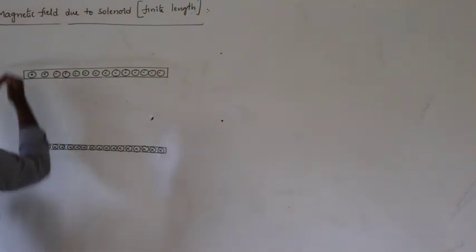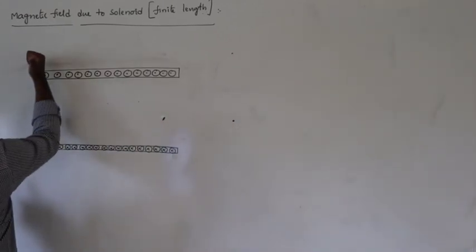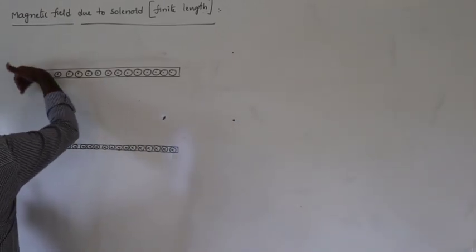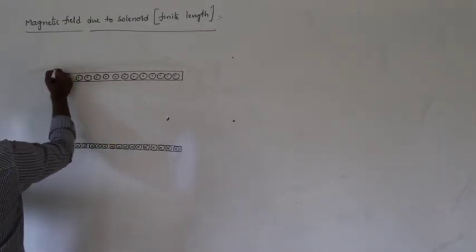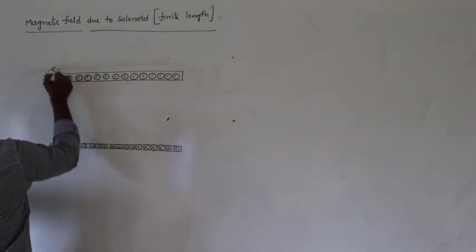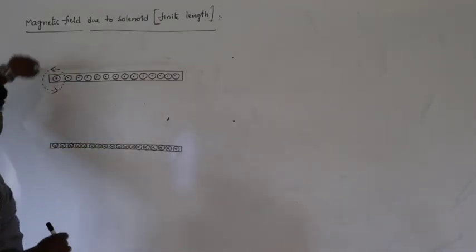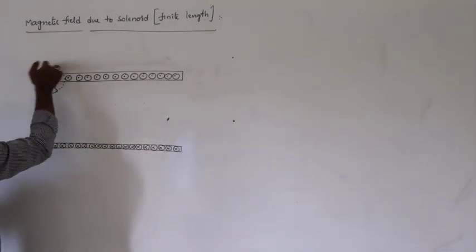What is the direction of the magnetic field according to this? The thumb indicates the direction of the current, and the curling of the fingers indicates the direction of the magnetic field. So the direction of the magnetic field is like this here. Outside the solenoid, the direction of the magnetic field is this one.